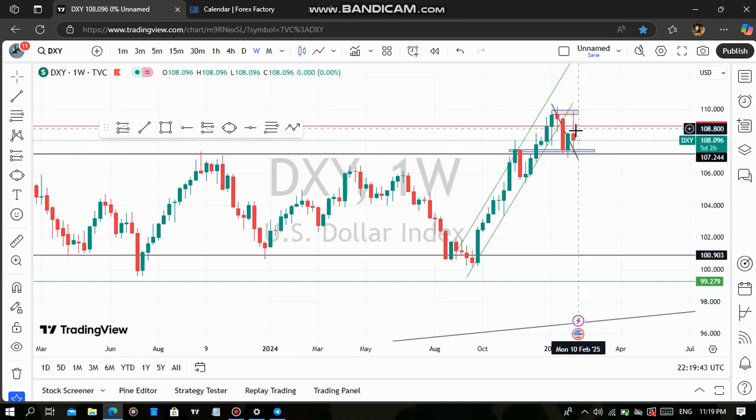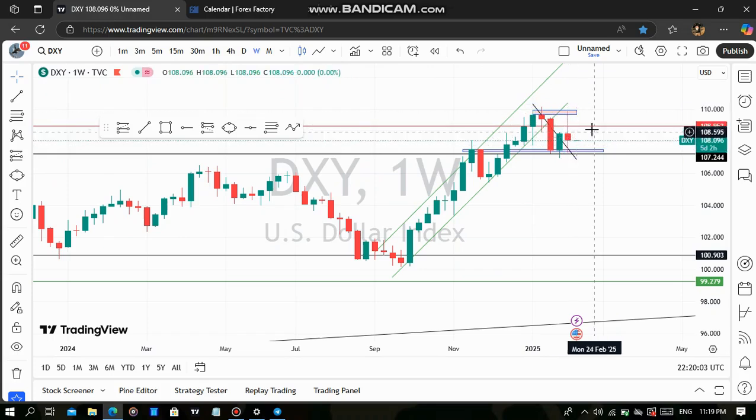This last week's candle also looks like another bearish rejection. Do we see that? It's clear, it's a bearish rejection, still on the same Fibonacci retracement key zone. I hope you get what I'm trying to explain. So these are my reasons for the bearish bias.